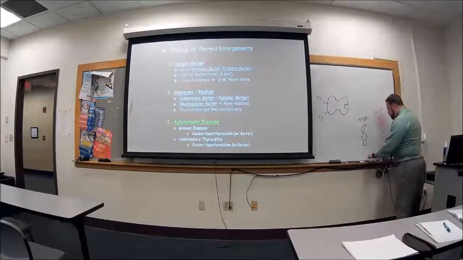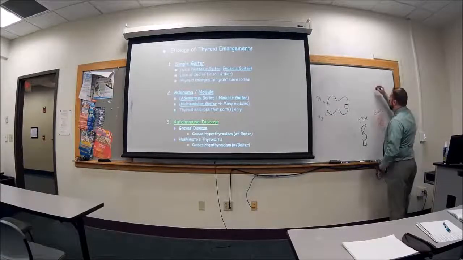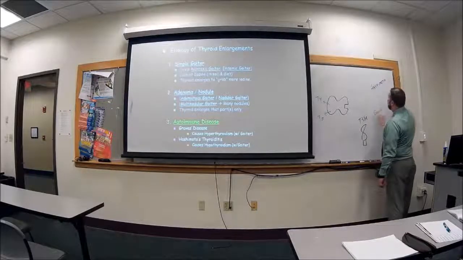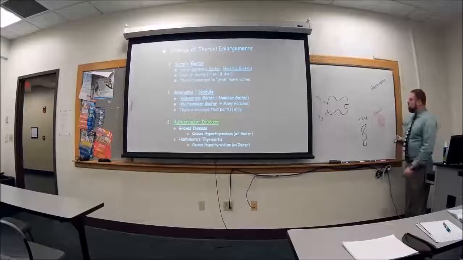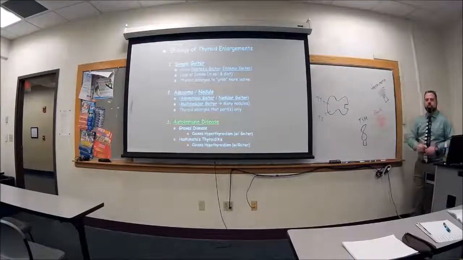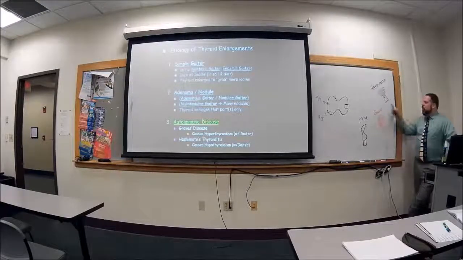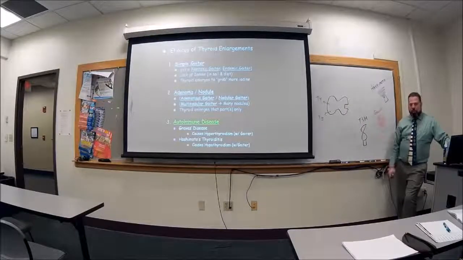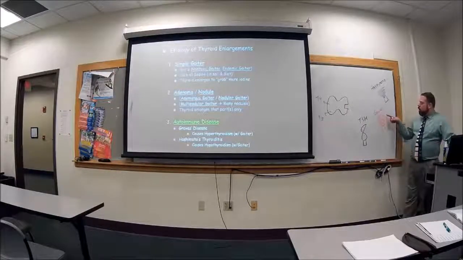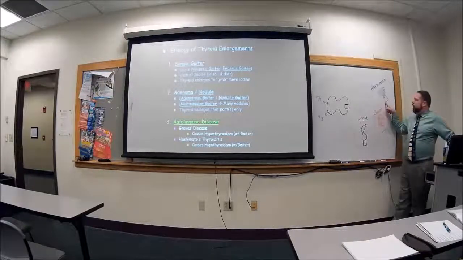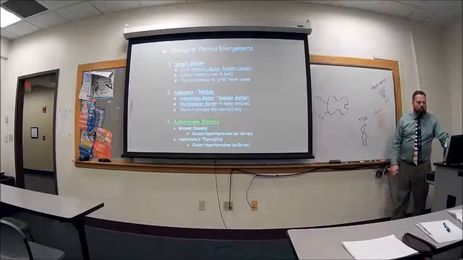All right? Then we have Hashimoto's. Which is also an autoimmune disease that kind of looks like this. That too can fit into here. However, as opposed to Graves' disease, which goes in here and turns it on, this binds in there and turns it off.